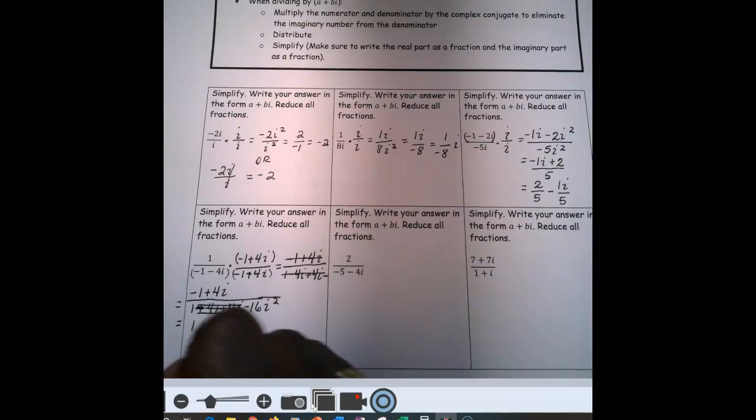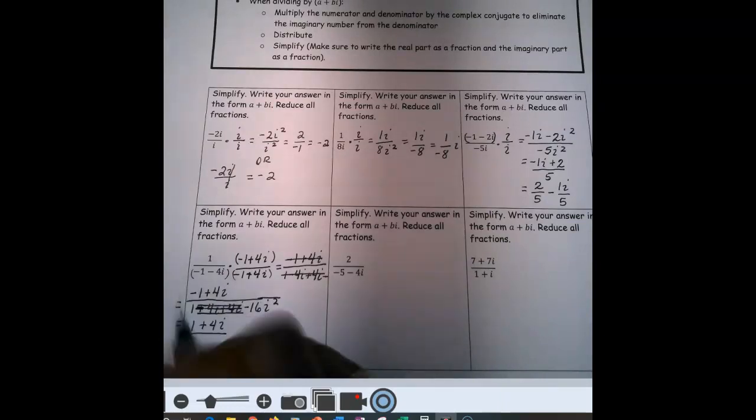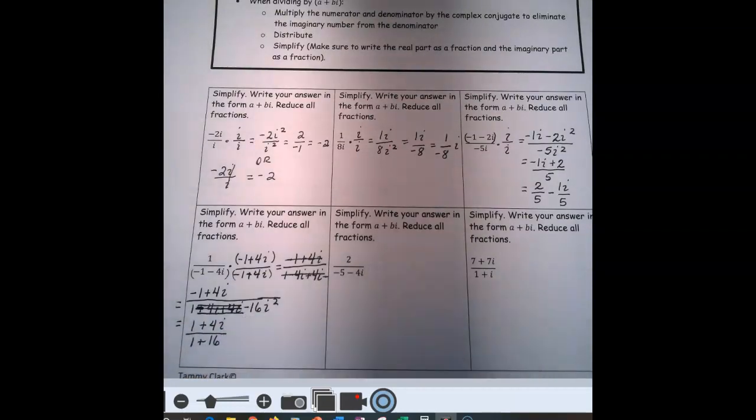And I'm left with 1 plus 4i divided by, well, 1 minus 16i squared. Well, i squared is negative 1, right? So really what I've got is 1 plus 16. And I'll explain it again. 1, and then this was minus 16i squared. i squared is negative 1.